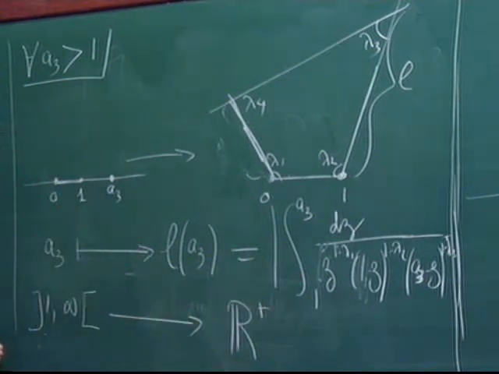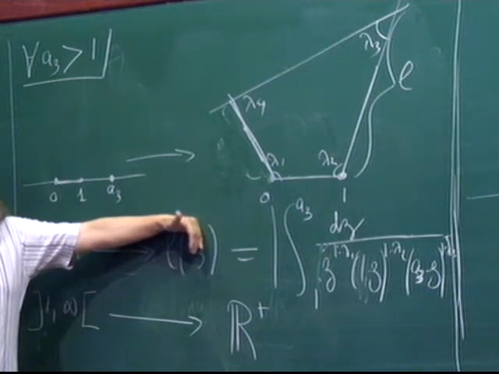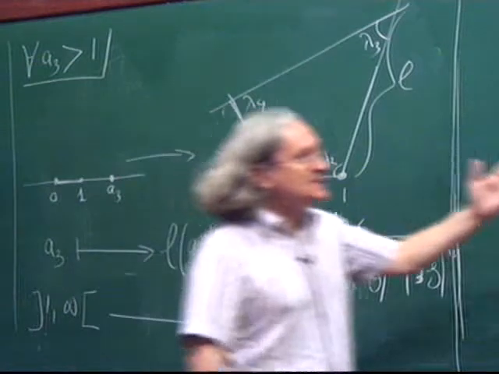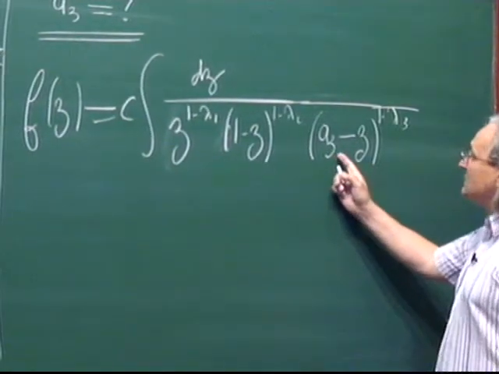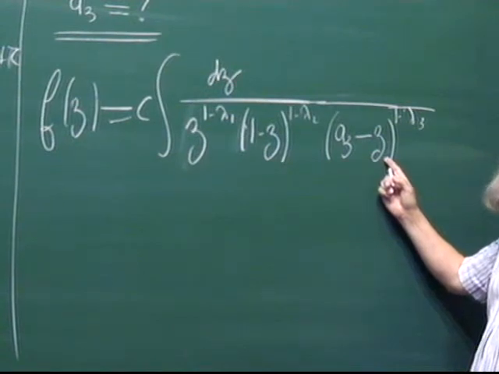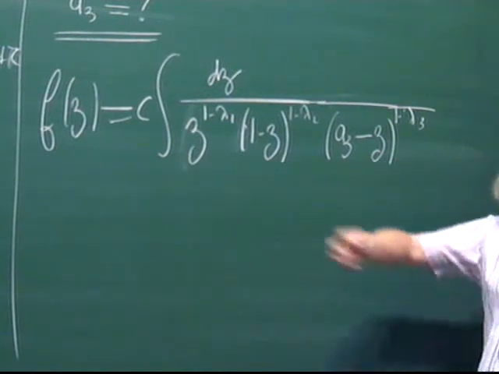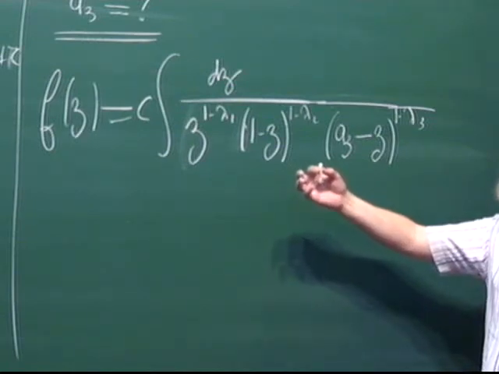And what you have to do is understand what's happening when A3 is going to 1, and what's happening when A3 is going to infinity. In other words, in the Schwarz-Christoffel formula, you look at the behavior of this integral when A3 goes to 1 and when A3 goes to infinity, and you hope it will describe the full set of all possible quadrilaterals.